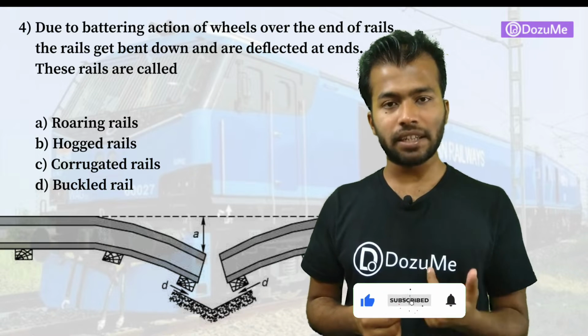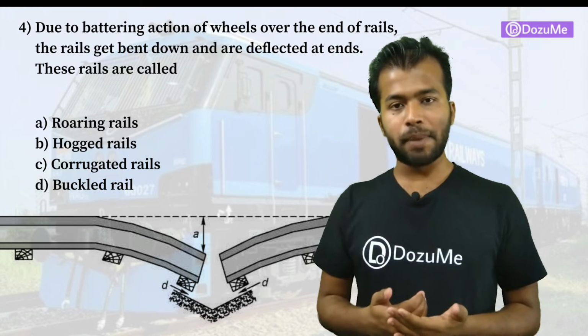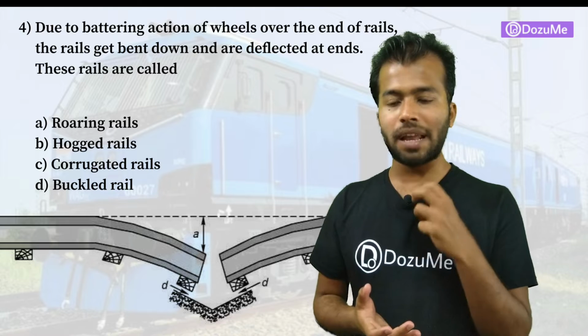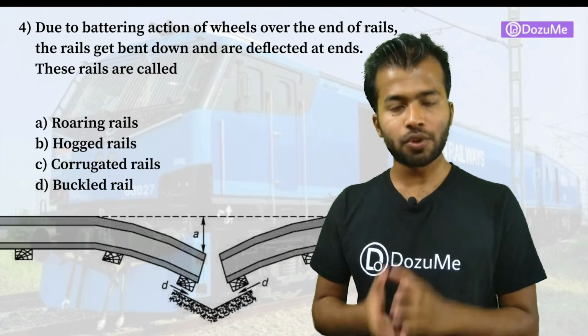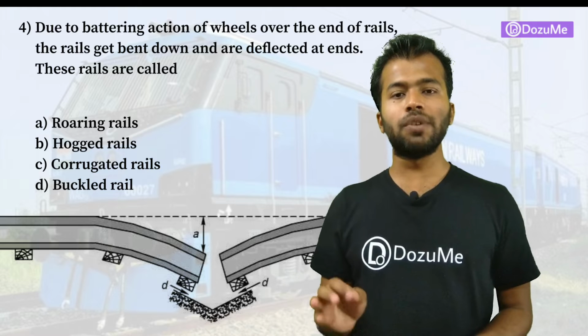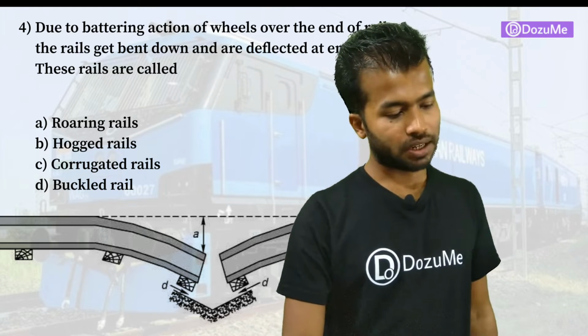For the battering impact, the sleeper gets bent down where it does not have enough ballast material or enough support. So this kind of rail will be termed as hogged rail, and we will use a dehogging machine for straightening the rails. So option B will be the correct answer.